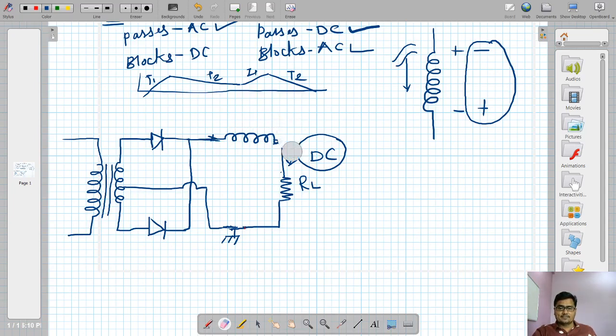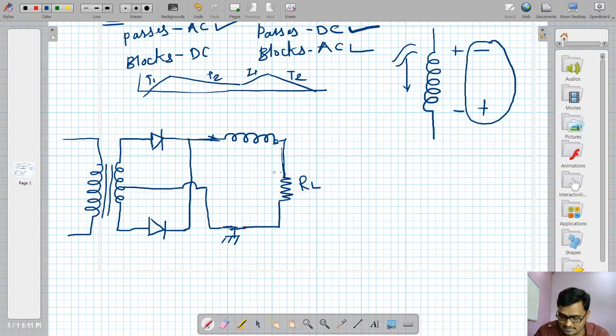If I had drawn this immediately, questions would arise about why the inductor is connected in series, whereas the capacitor is connected in parallel with the load resistor. So before the question arises, I have explained it. Right, so this is the actual circuit diagram.